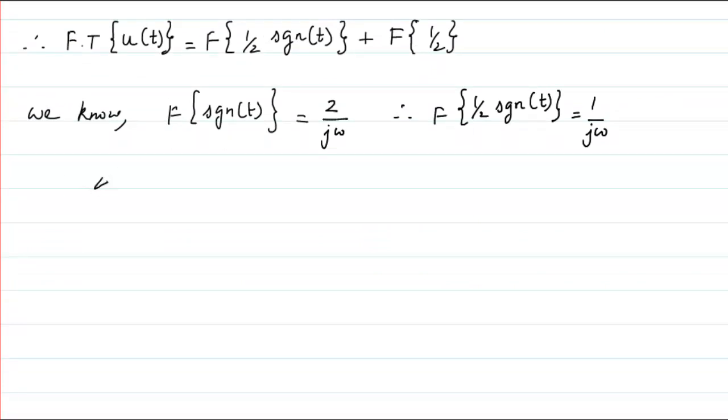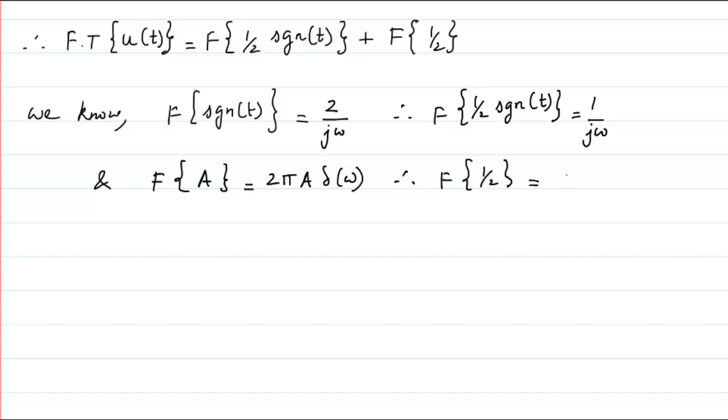Similarly, we have already seen that if you have any constant value a, then its Fourier transform is 2 pi a delta omega. Therefore, the Fourier transform of 1 by 2, so instead of a it is 1 by 2, gives pi delta omega.